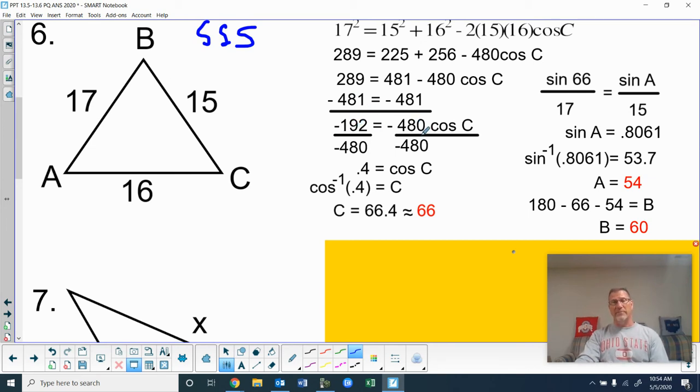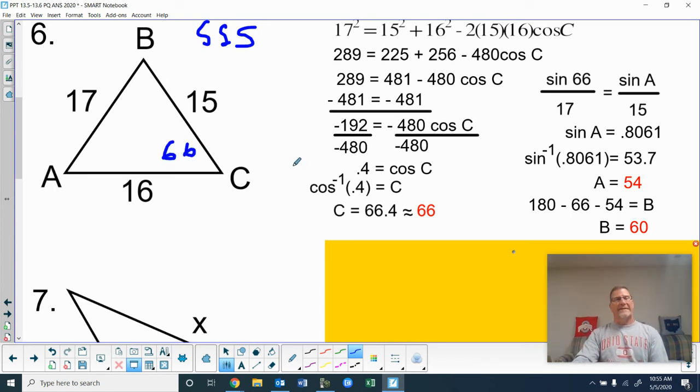And then divide by the negative 480 because I'm multiplying it by the cosine of C. That gives me a positive 0.4. Remember, this is law of cosines, so I'm doing second cosine, second answer, and that gives me angle C as 66.4 degrees, which rounded to the nearest whole number would be 66.